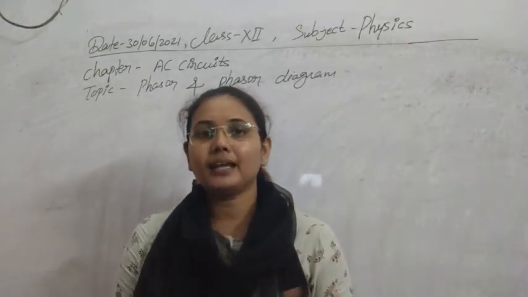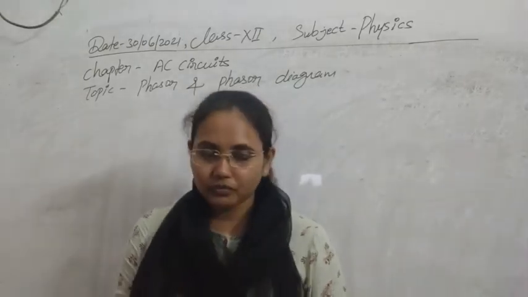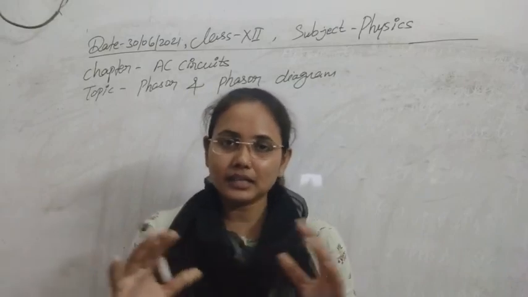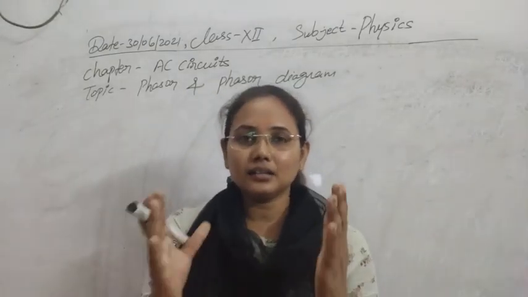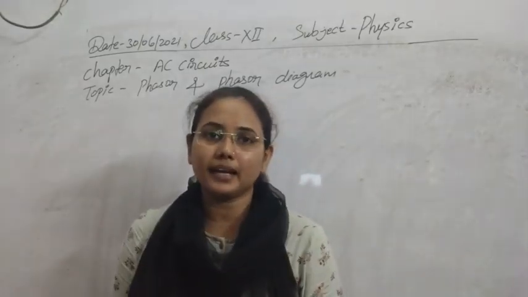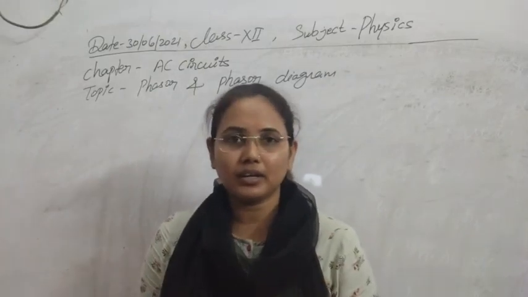Sometimes current can lead the voltage and sometimes voltage can lead the current. So how can we represent all these variations, the angle between voltage and current at any instant?